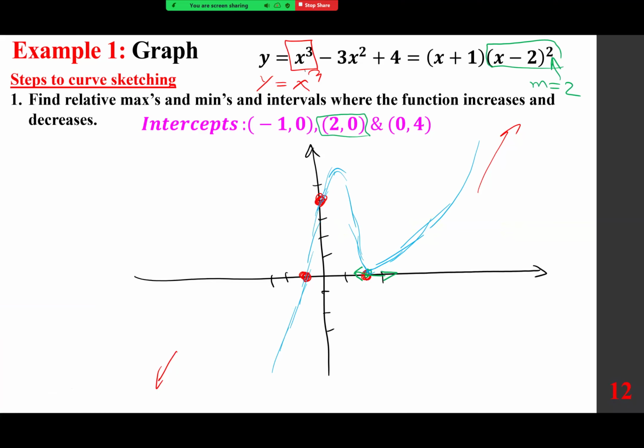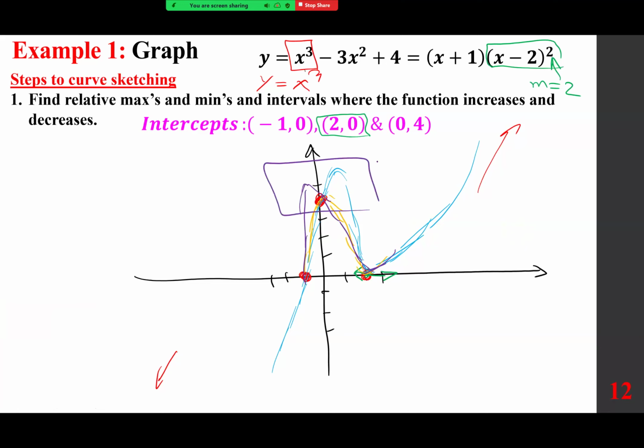Now, how does it look as far as over here is concerned? It may just go to the y-intercept and come back down. It may hit the y-intercept, go further up and come back down.